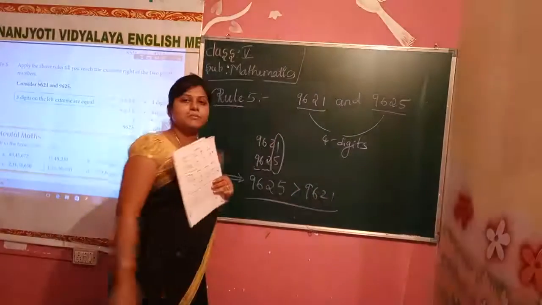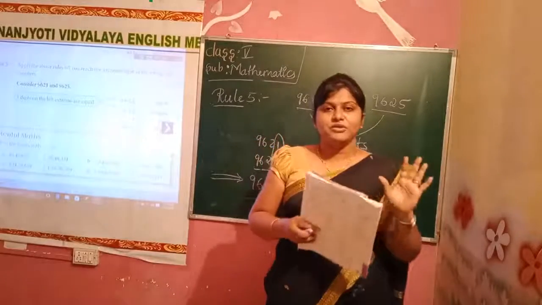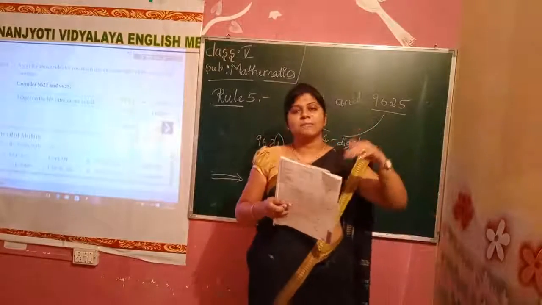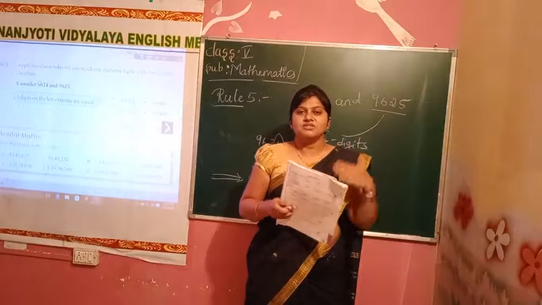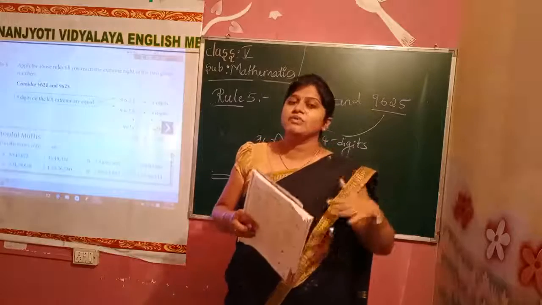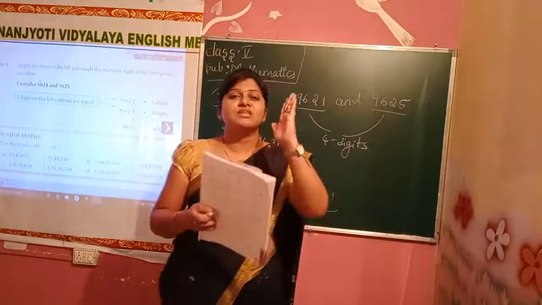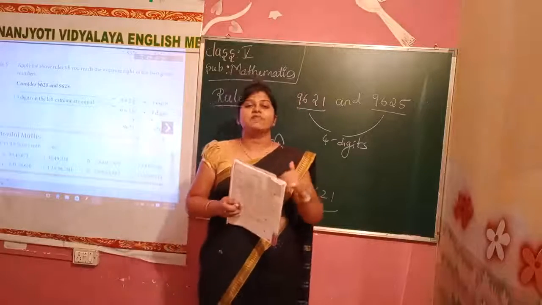Now, have you understood how to compare numbers? We have 5 rules. The first rule is comparing the number of digits: according to how many digits we have, we compare. Next, when we have the same number of digits, we see the first digit and compare.